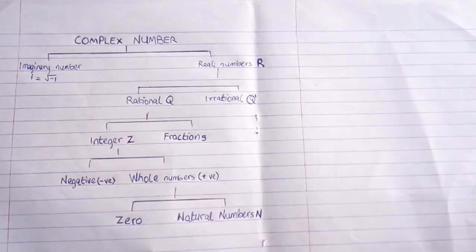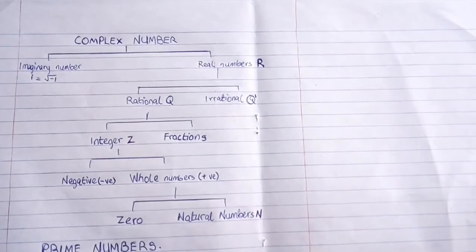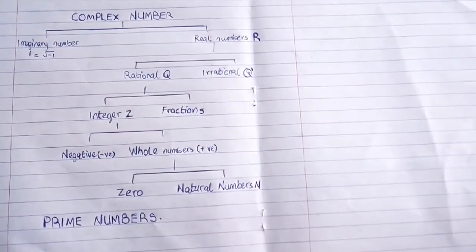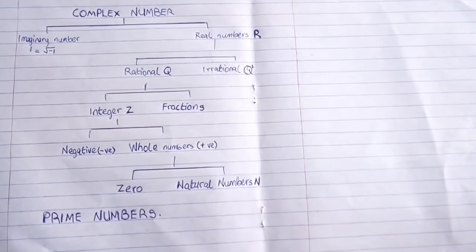Then the next one is the prime numbers. Prime numbers are numbers that cannot be divided by any other number except itself and 1. Okay, let's give an example. We have 2. What else can divide 2 apart from itself and 1? Nothing else. Then another one is 3.